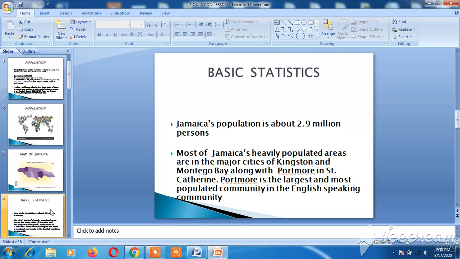And they make up more than the amount of persons who are actually living in Jamaica currently. So if you should do a calculation, a census of persons living elsewhere, it's more than 2.9 million persons.